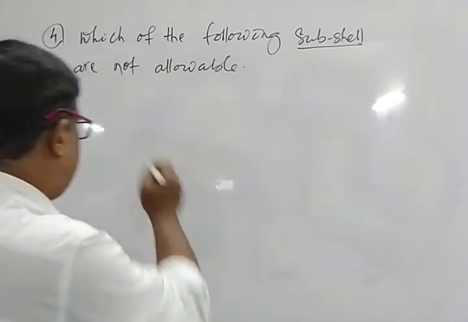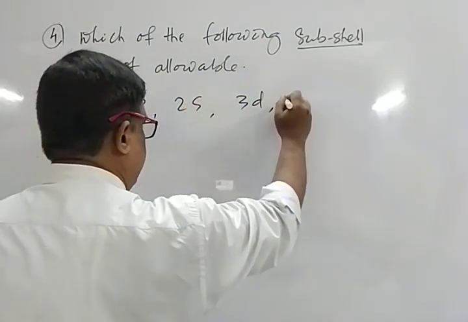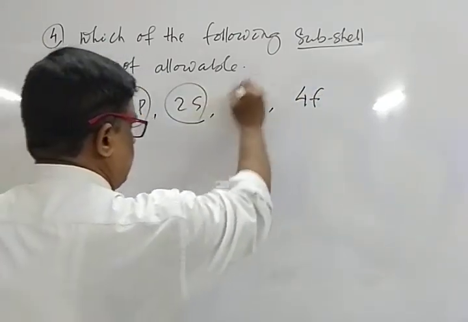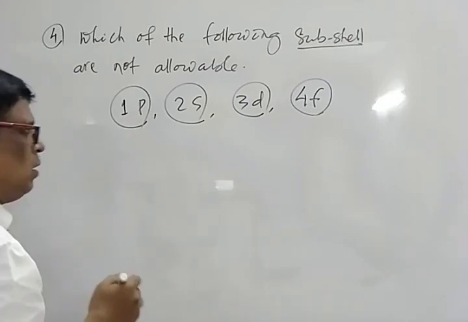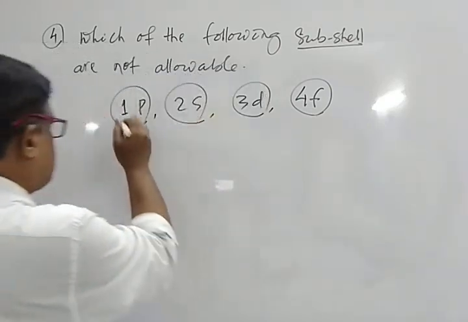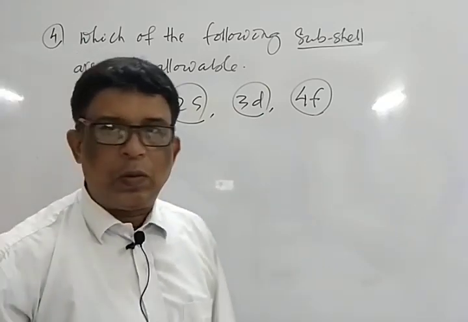1p, 2s, 3d, 4f. Mark that. Some symbols are there. Let us verify whether it is allowable or not. First one represents principal quantum number, second one represents azimuthal quantum number.